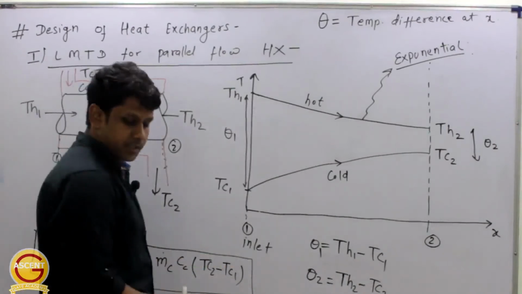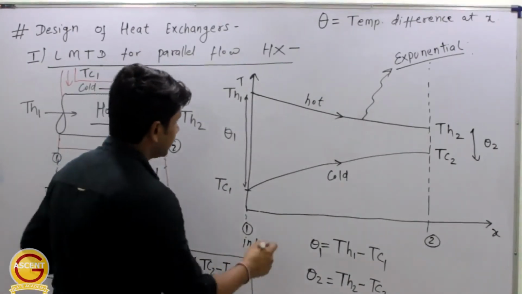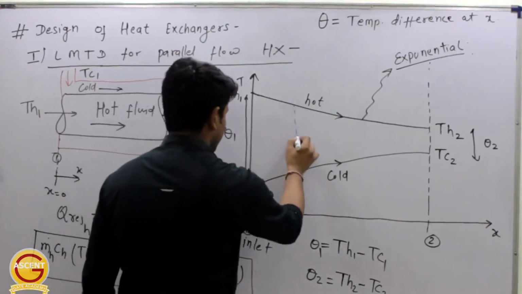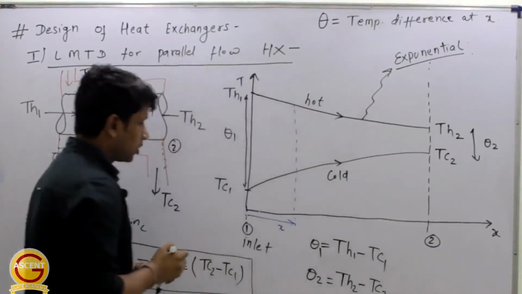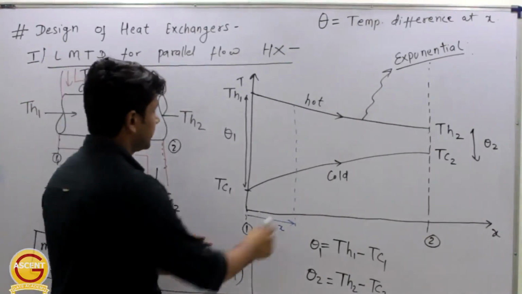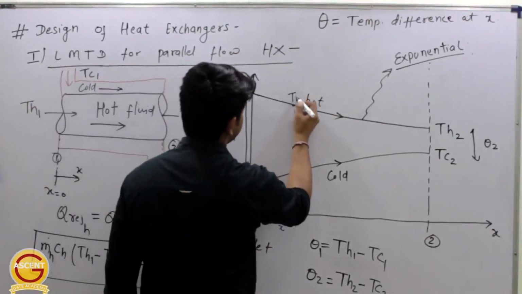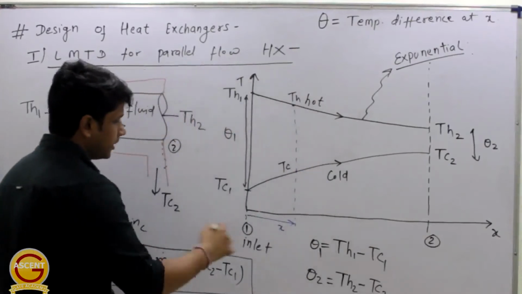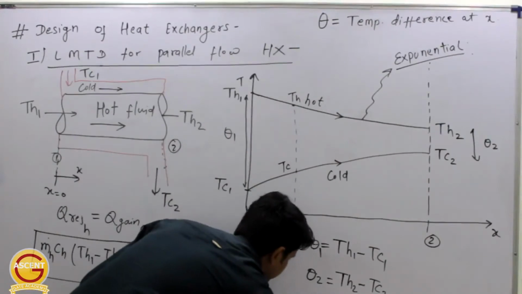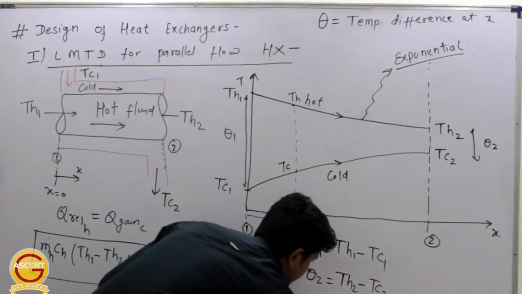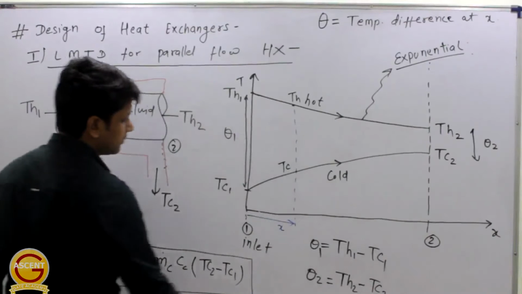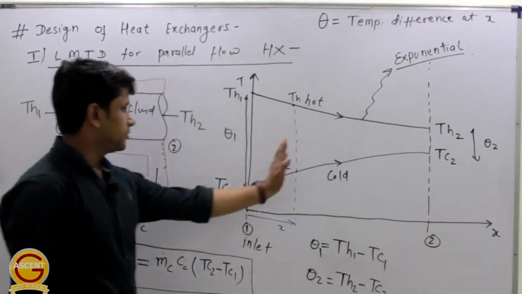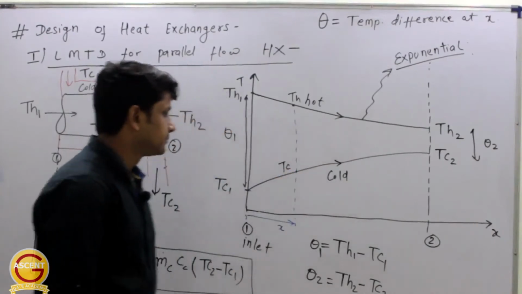And at any location x, let's say we are taking at any location x from here, right, somewhere here, then what will be the theta? Let's say at this location this temperature of hot fluid is Th and temperature of cold fluid is Tc. So at any location x, this theta will be Th minus Tc, correct, which is a variable. So this Th and Tc are depending on x. If you move ahead, this theta value will be different.